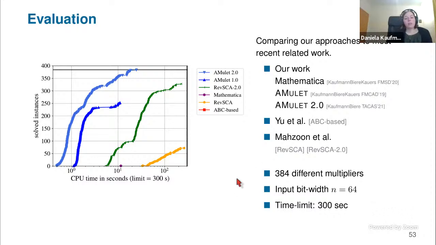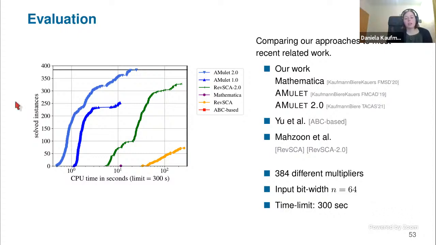In the first experiment, we consider 384 different multiplier architectures, simple and complex ones, all with an input width of 64. The time limit in this experiment is set to 300 seconds. Here you see a CDF plot on the left. On the x-axis, we have the CPU time, and on the y-axis, the number of solved instances.